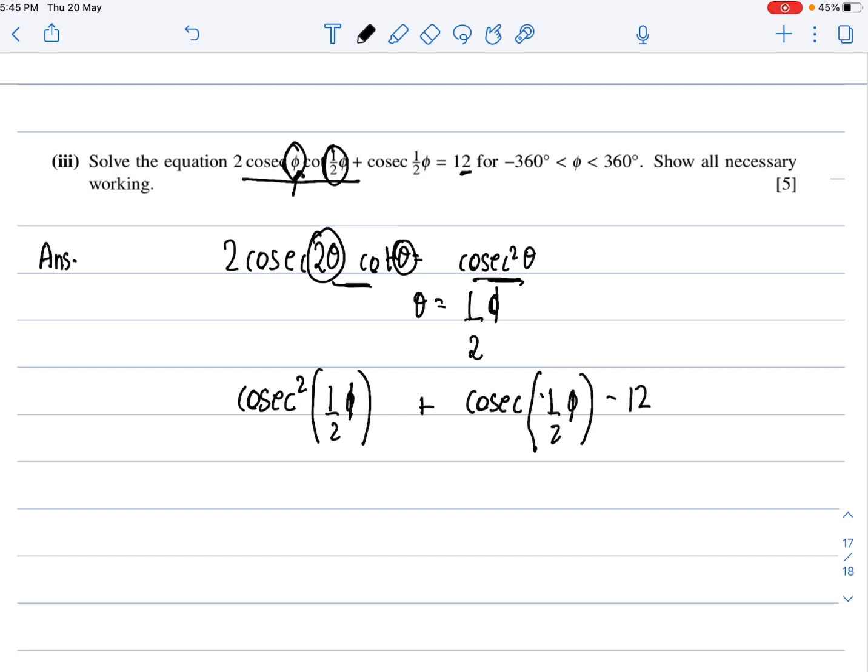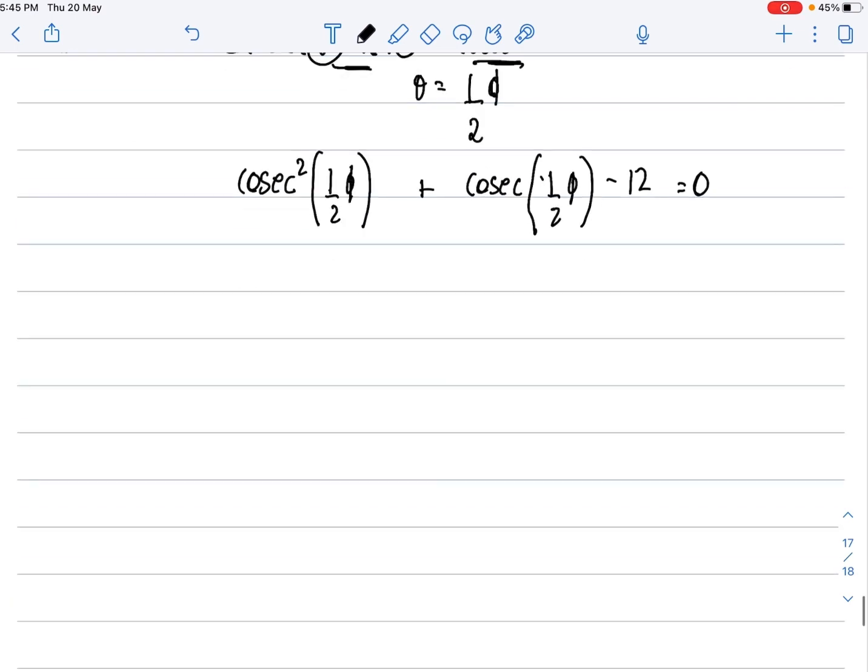Okay, because 12 comes to the other side. It is equal to 0. So now what I can simply do is I can say let cosec half phi be a. So I get a square plus a minus 12 equals 0.